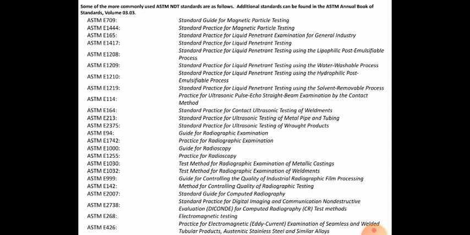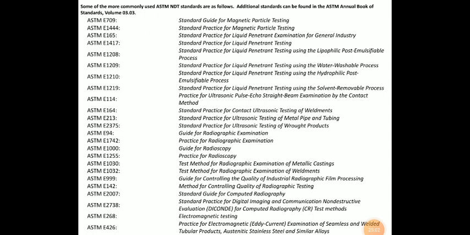And this ASTM E268 is for electromagnetic testing, and then the last one is ASTM E426, the practice for electromagnetic eddy current examination of seamless and welded tubular products, austenitic stainless steel, similar alloys, and so on.